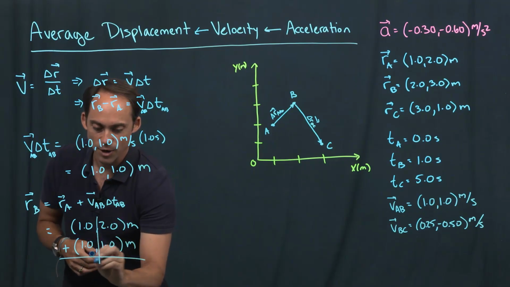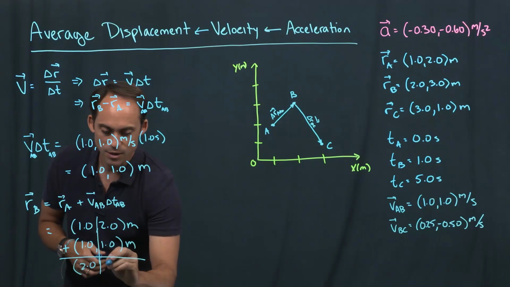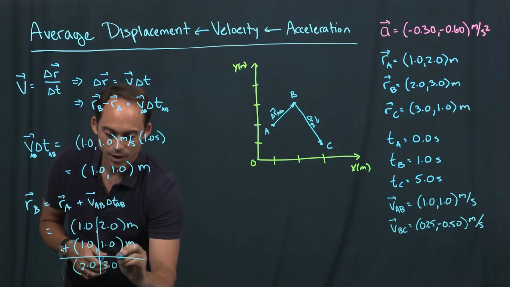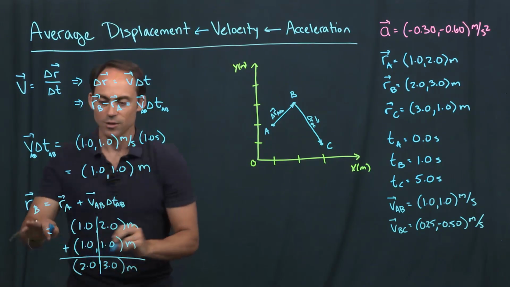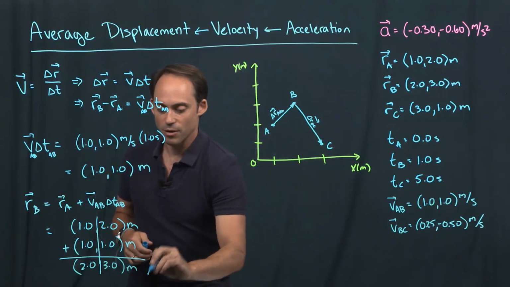Again, doing our best practices of vector addition, we will get a coordinate of 2 and 3 meters for the position of B, and indeed that's what we ended up with before.